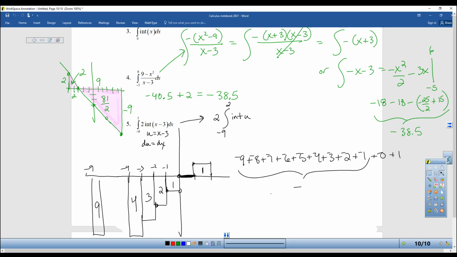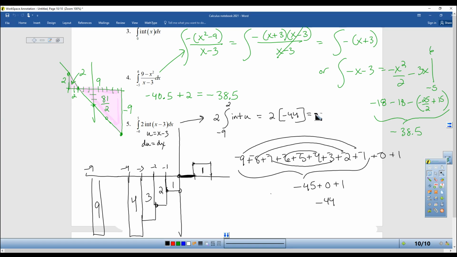And as just a little shortcut for adding them up, you can get out your calculator if you want to, but 10, 20, 30, 45. So negative 45 plus 0 plus 1 is negative 44. So doing the greatest integer function from negative 9 to 2 is negative 44. I have to double my answer, and I get negative 88.